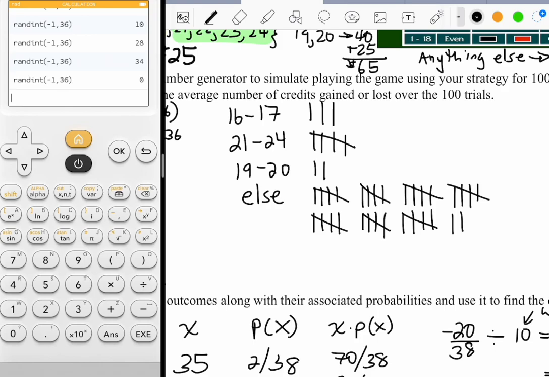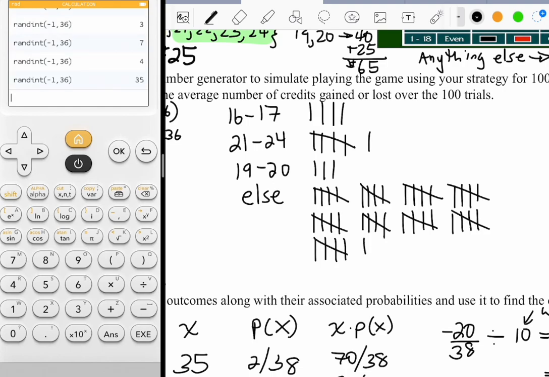Double 0 hasn't come up yet. 26 loss. 2 is a loss. 21 is a win. 15 is a loss. 17 is a win. 8, well, if I were playing, it would be a win, but it's a loss. 4. 19 is a win. 7 is a loss. 3 is a loss.